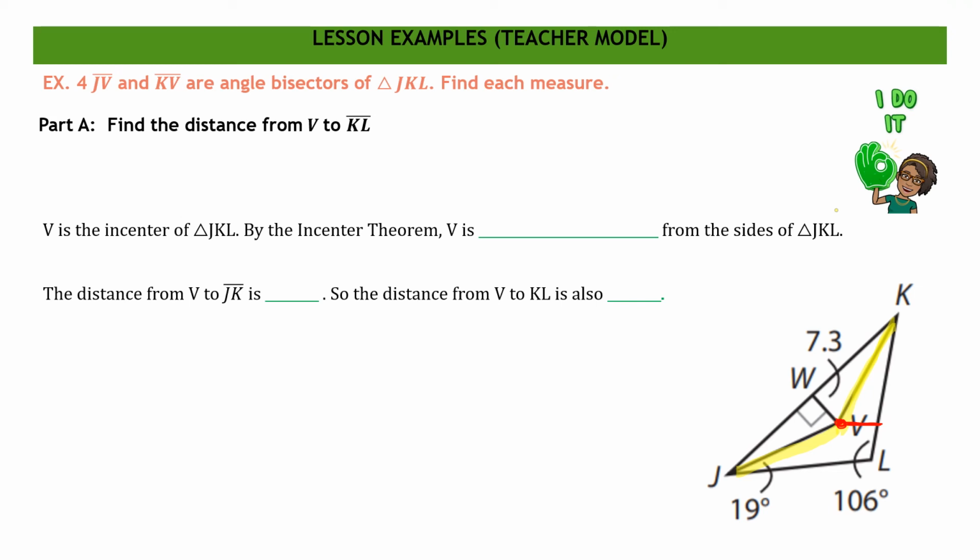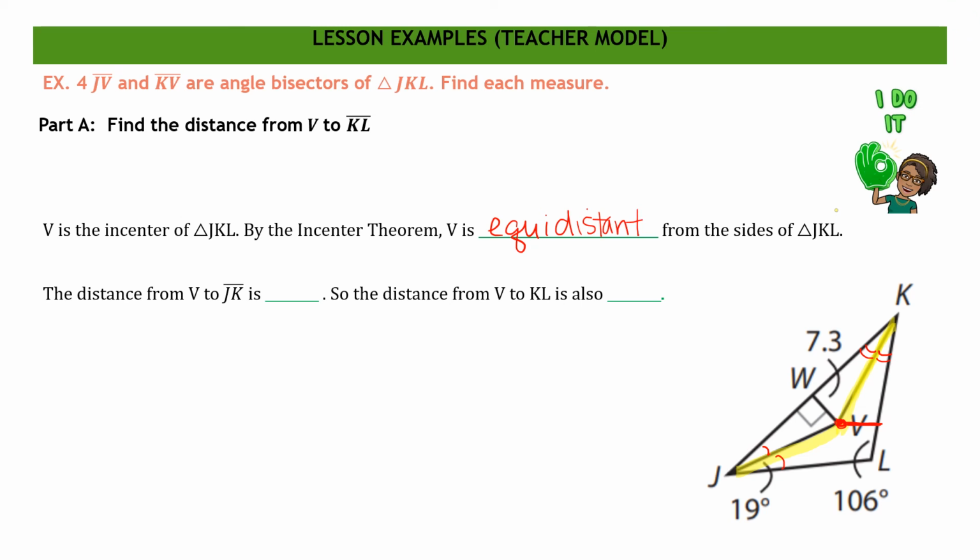Well, it says here V is the incenter of triangle JKL. We know it's the incenter because we just identified two angle bisectors here, which was JV, and here, which was KV. So by the incenter theorem, we know V is equidistant from the sides of JKL.